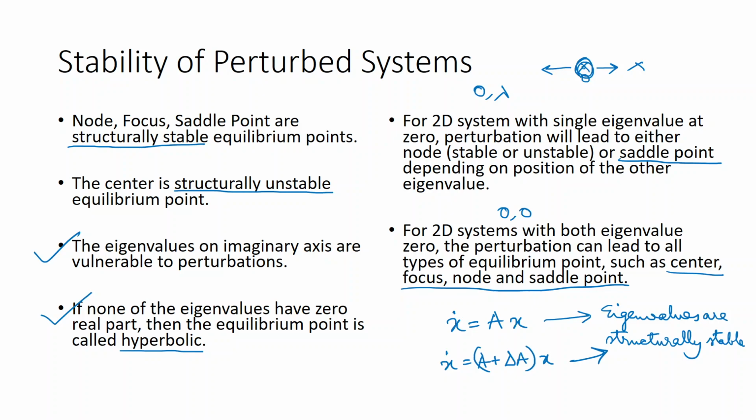If we don't have imaginary axis eigenvalues, then the stability phenomenon of the linearized system appears in the perturbed system also, even when we have a system of general nth order. This is very important to understand.